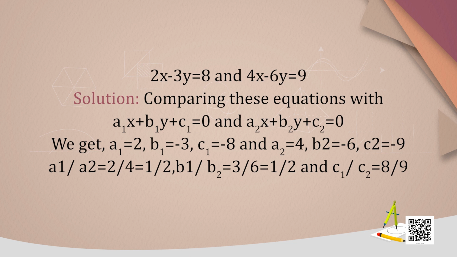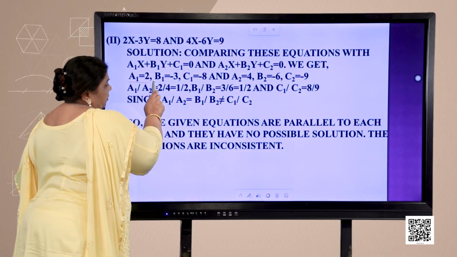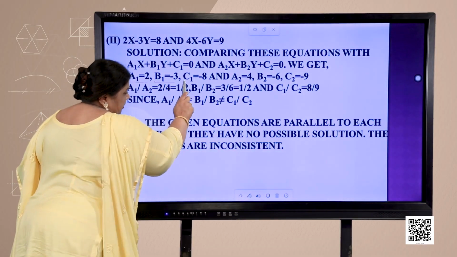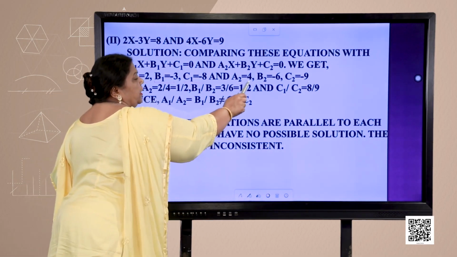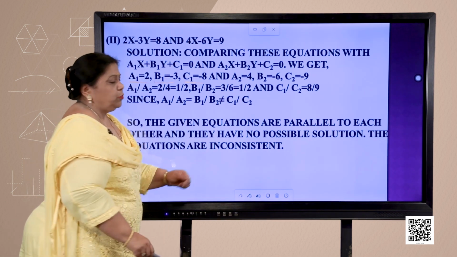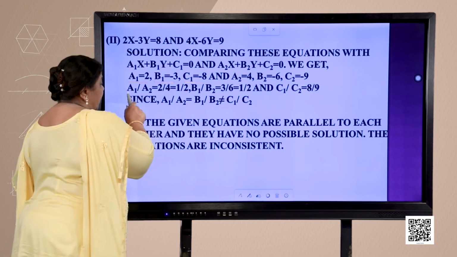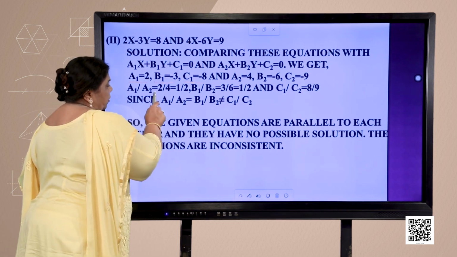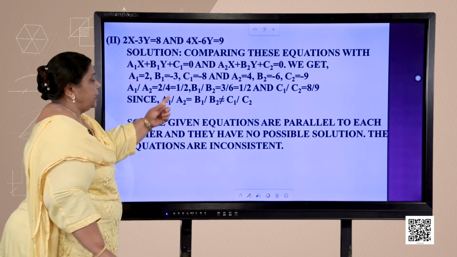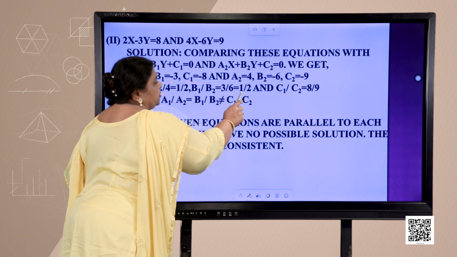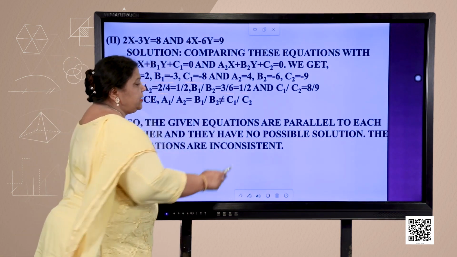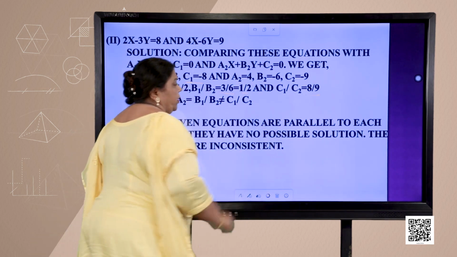We get a1 as 2, b1 as minus 3, c1 as minus 8 and a2 is 4, b2 is minus 6 and c2 is minus 9. When we take the ratios, a1 upon a2 is 2 upon 4, that is nothing but 1 upon 2. Likewise, b1 upon b2 is 3 upon 6, which is again 1 upon 2, and c1 upon c2 is 8 upon 9.